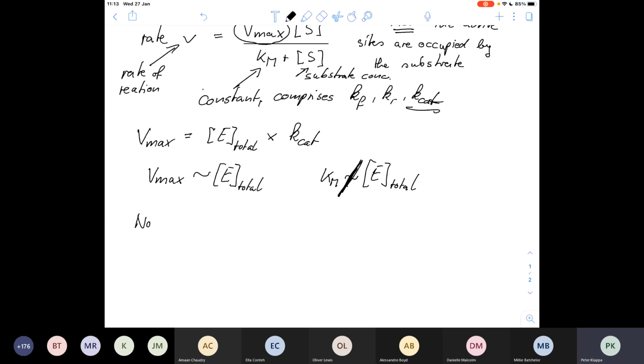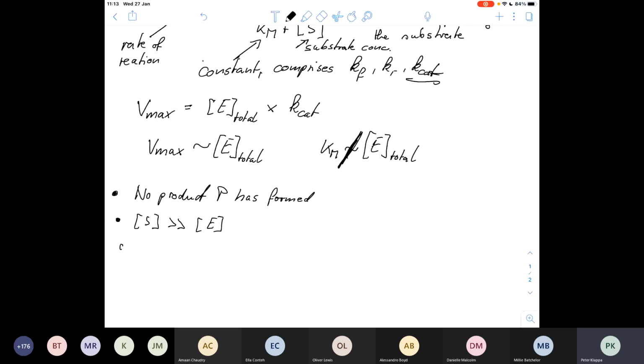We said that the substrate concentration must be much larger than the enzyme concentration. We also said that the reaction is irreversible.